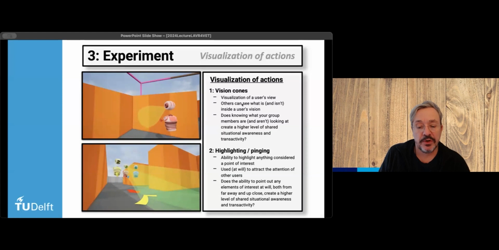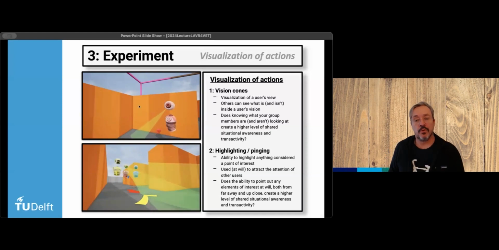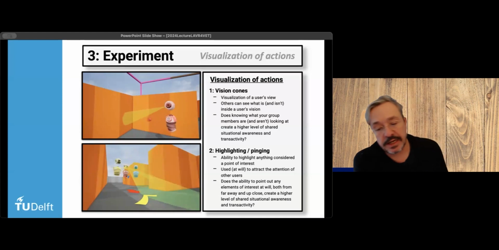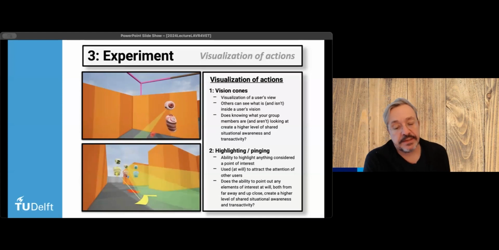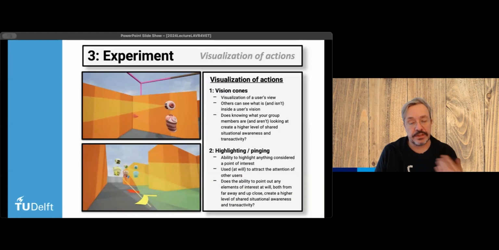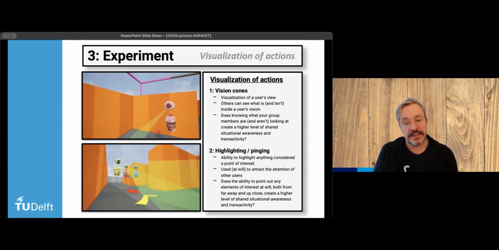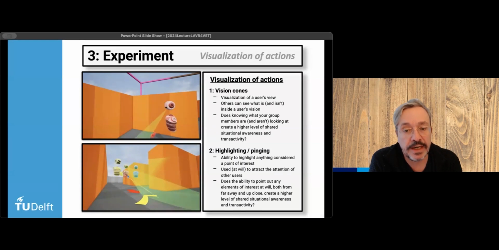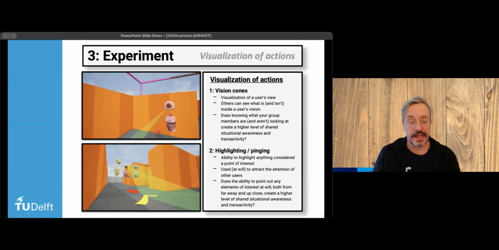In the experiment, we used that as one factor. So in the experimental design, one part of the group had this visualization, the others did not. And it clearly showed that having this possibility of visualizing where I look, and doing this continuously, contributes to the learning and to the development of understanding what is going on in the environment.